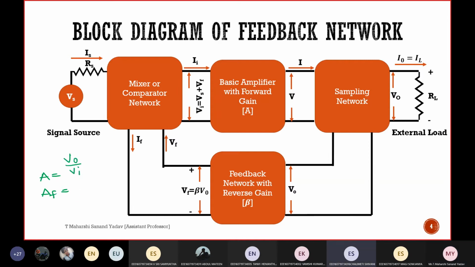Next, if it is AF, you need to consider the feedback path also. Means the whole network you need to consider. What is output? This is output. This is input. So V out by Vs is nothing but gain with feedback.